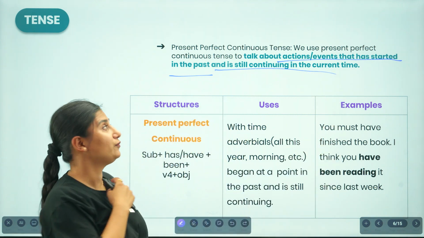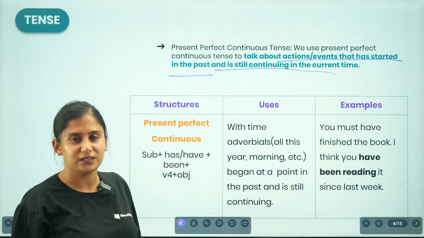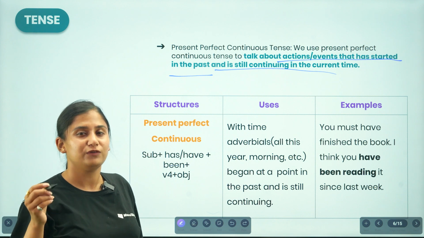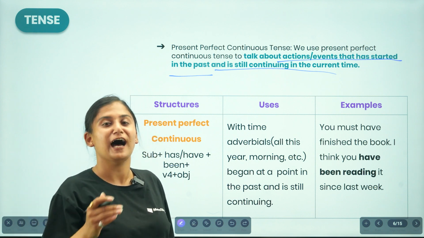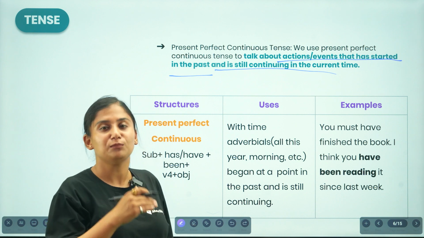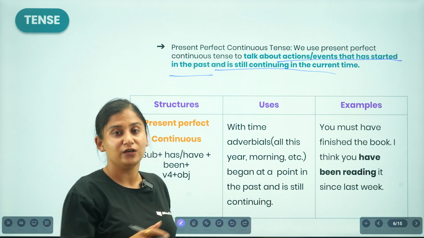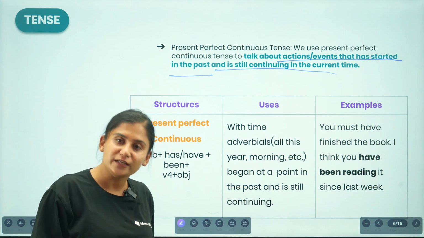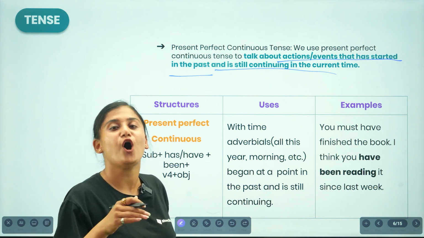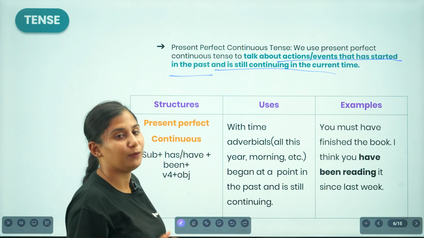Beforehand, when we talked about present perfect tense, we mentioned actions that started and have already been completed by the current point, right? When we talk about the continuous tense, we talk about an action that started in the past but is still ongoing at the current time as well.